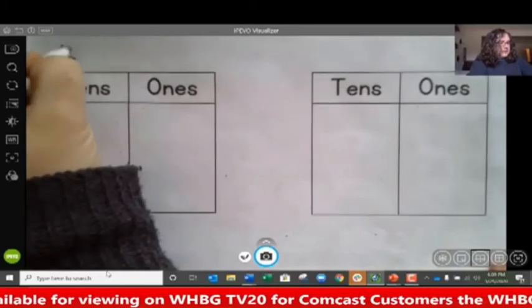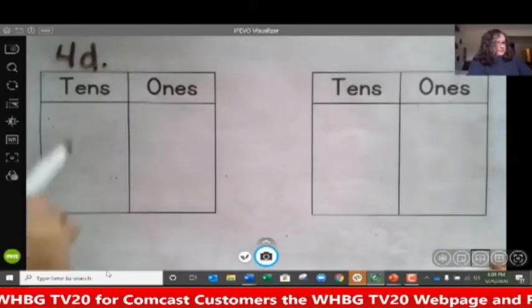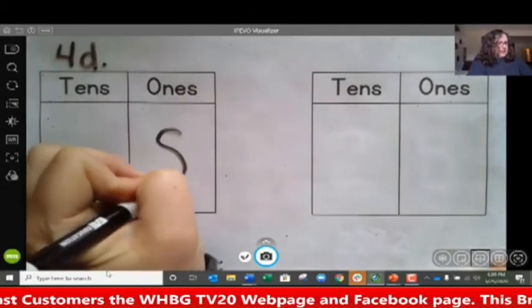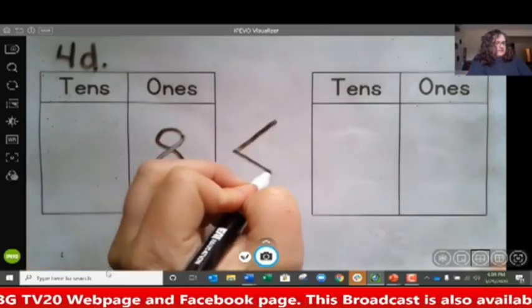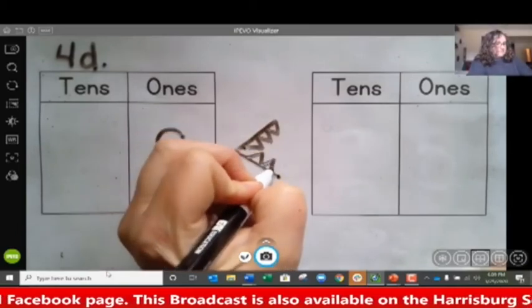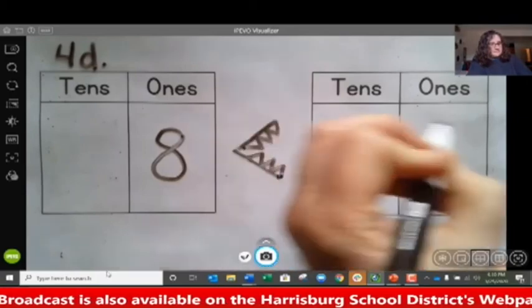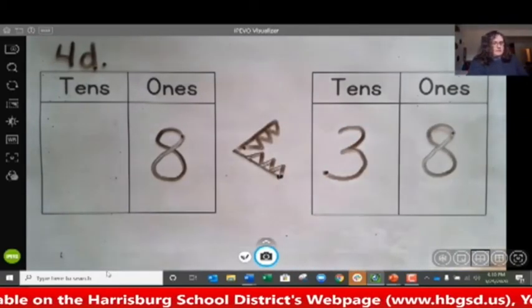This time, let's look at 4D. This one has nothing in the tens place, and then an 8 in the ones place, a less than sign, which looks like an alligator's mouth ready to eat the second number, and then a 3 in the tens place, and an 8 in the ones place.